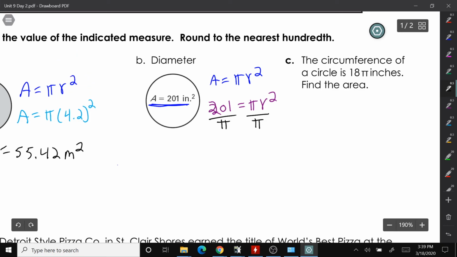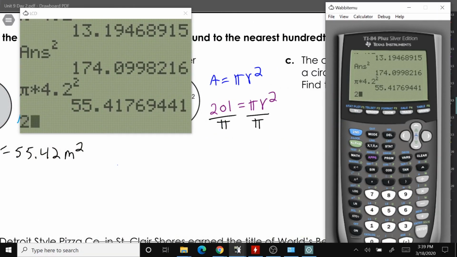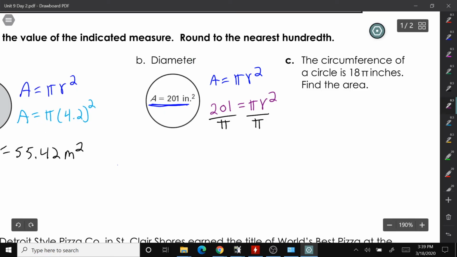All right, so let's type this into our calculator. 201 divided by pi. So we get 63.98. 63.98 equals r squared.